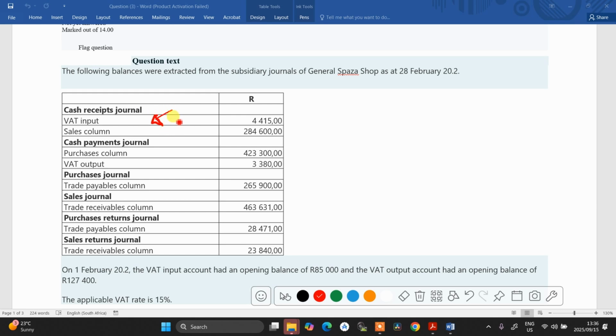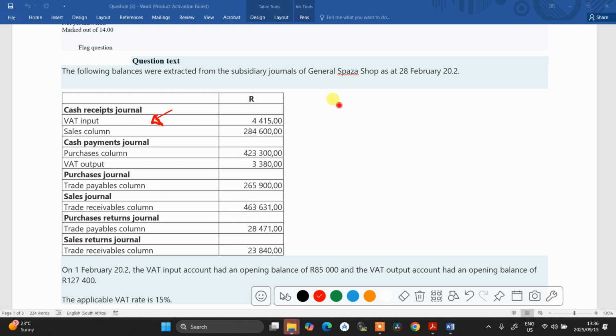As I have already stated, this is the total for the settlement discount granted to our customers. The reason we are supposed to debit this is to actually reduce our total liabilities in terms of the VAT that we are supposed to pay to the government.